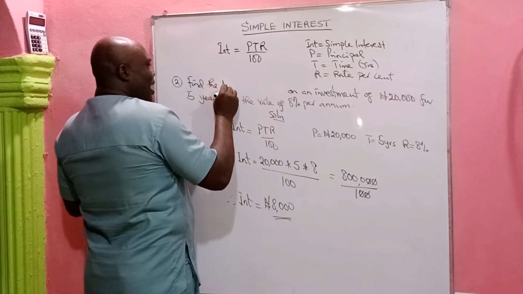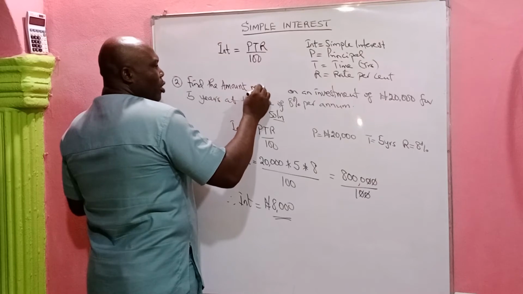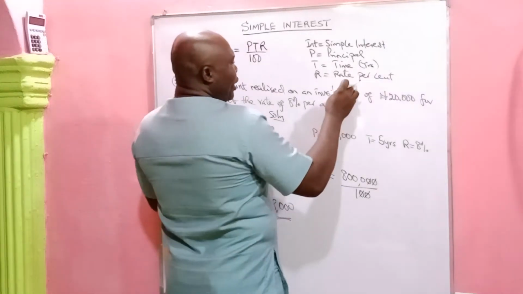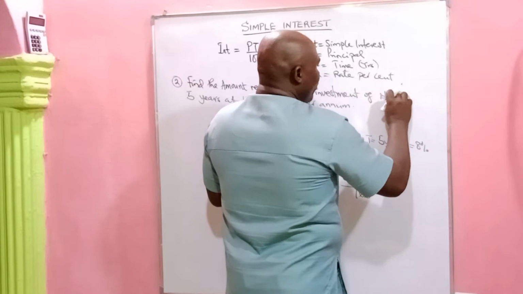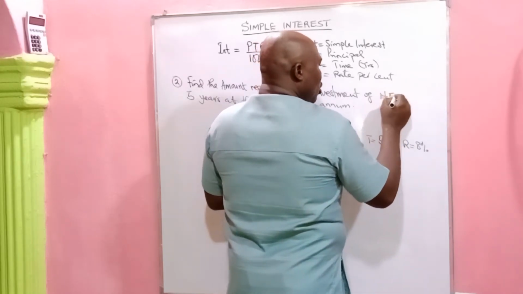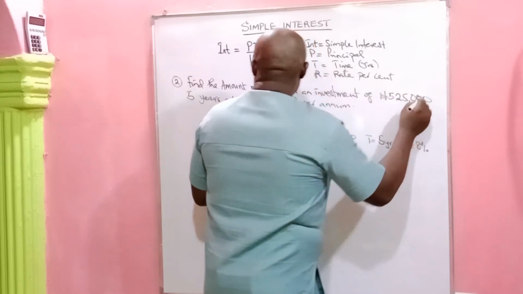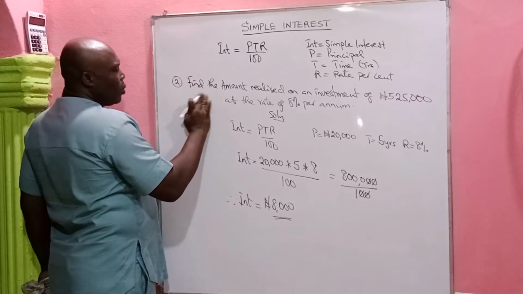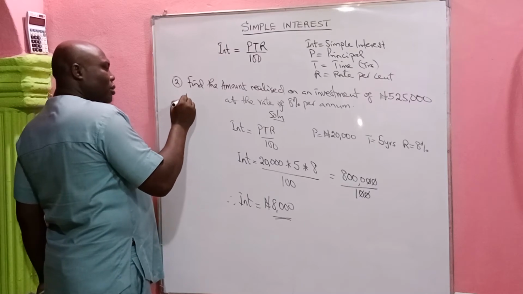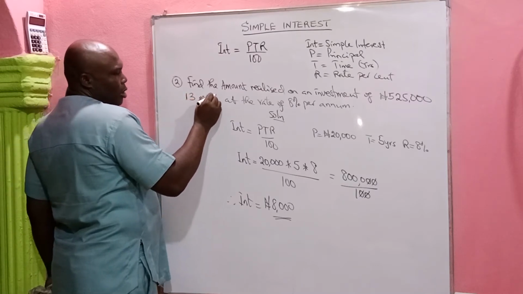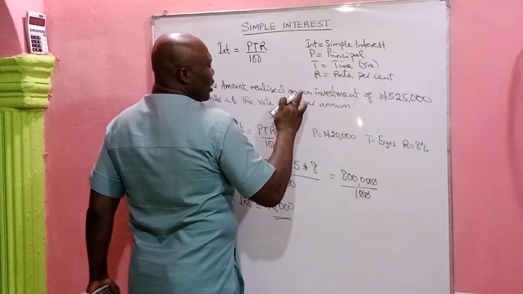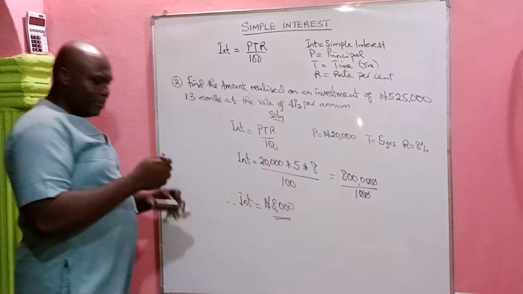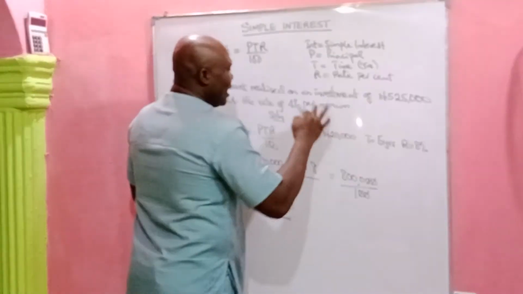Find the amount realized on a loan or an investment or a portfolio of, let's say, 525,000 naira for, let's say, 13 months at the rate of, let's say, 4.5% per annum.